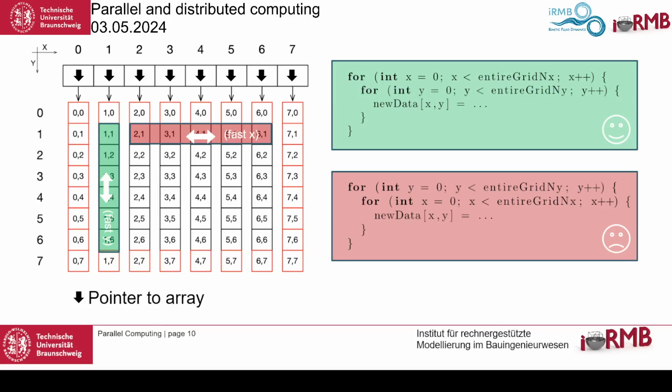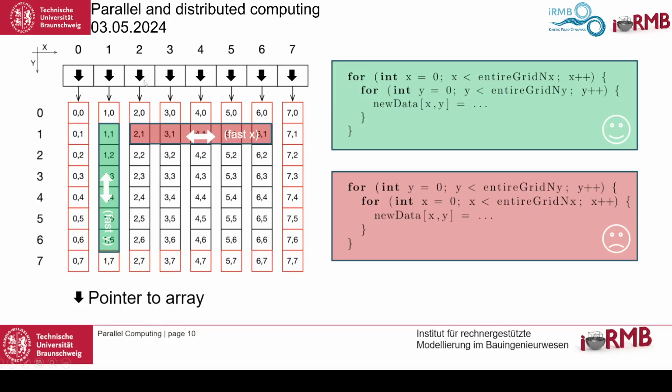So if you have, instead of these static C arrays, what you will usually do in C++ or also in C, where you do not know at compile time how large your array would be, you would have a dynamic array. And this you do by having an array with pointers to other arrays, where you then have your data stored.